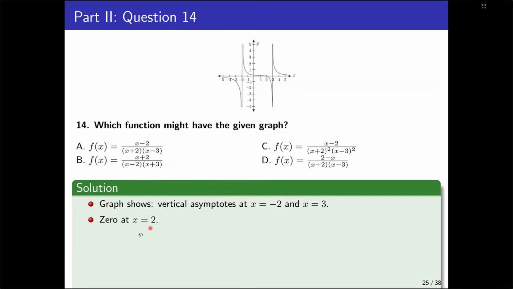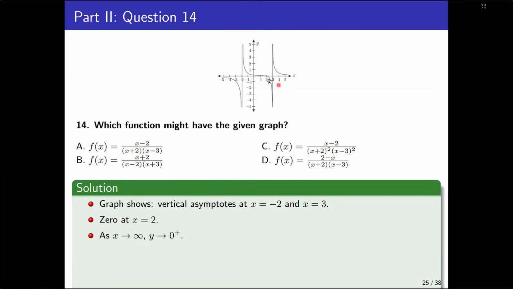The graph has a 0 at x equal to 2, which means the graph intersects the horizontal axis at approximately 2. And as x approaches infinity, y tends to 0 from the positive side.